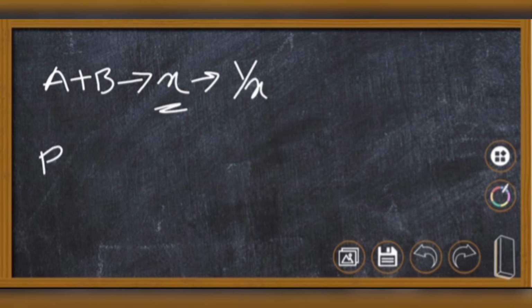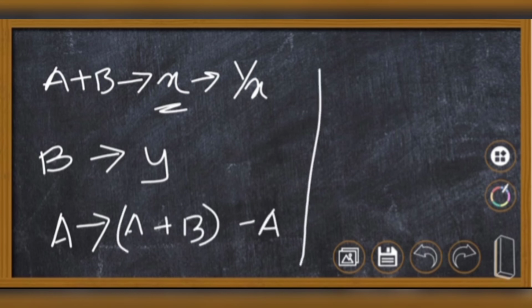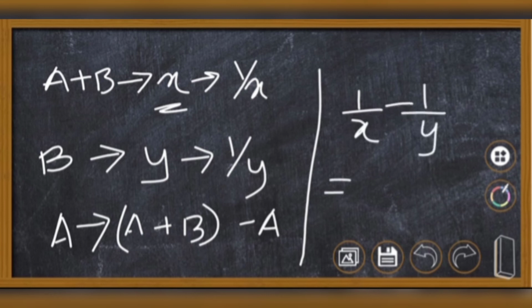And what about A? What about B? B can do the work in Y days. So B's work will be A plus B's work minus A's work. Sorry, it is not A, it is B's work. So A's one day's work will be 1 by Y. So 1 by X minus 1 by Y will be the answer.